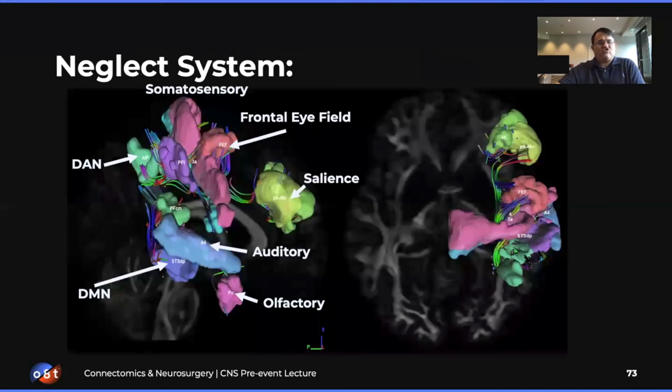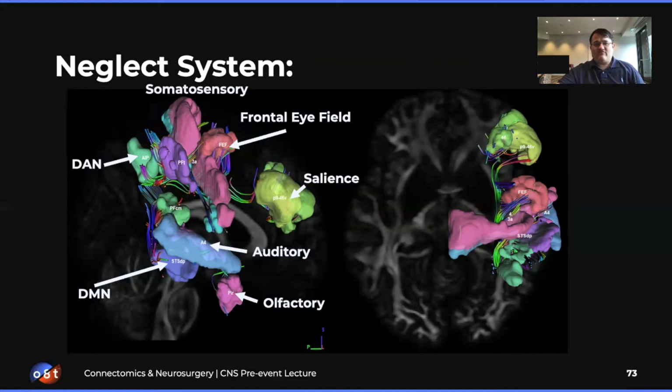So we began tracing those white matter pathways to see, well, what were they connecting? And what you can see is this collection of parcellations. Now, I know most people probably can't recognize this, but we've labeled them for you. So there's components of the auditory system, the default mode network, the olfactory system, the dorsal attention network, the somatosensory system, and the frontal eye field.